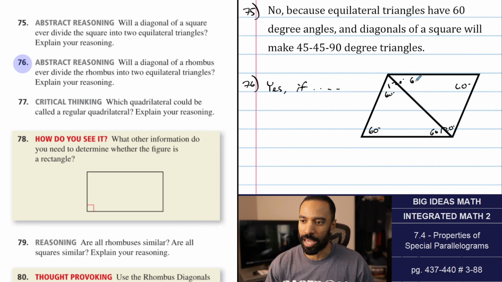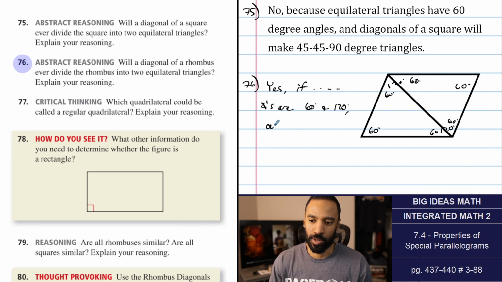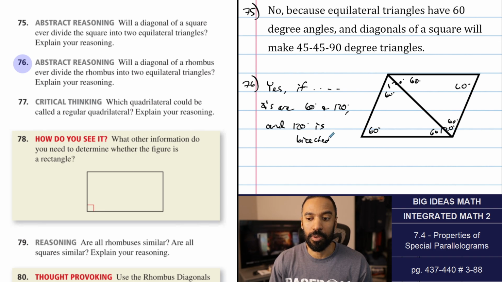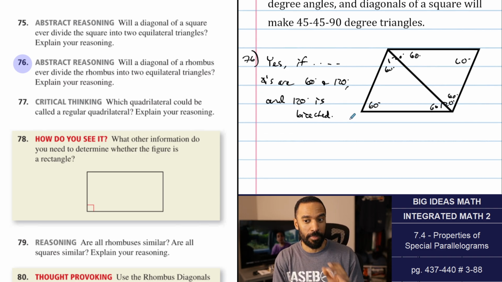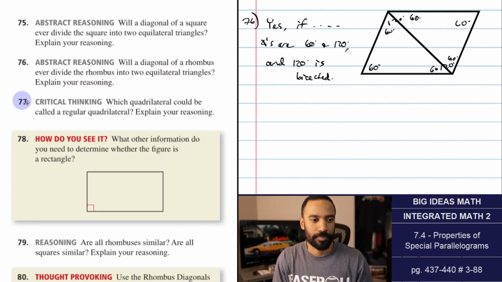Clearly I didn't make this to scale. So if angles are 60 and 120, and 120 is bisected. I thought they were saying if two diagonals were drawn. It's a rhombus, it's going to be bisected. I just mean that you do that one instead of the 60-degree one.